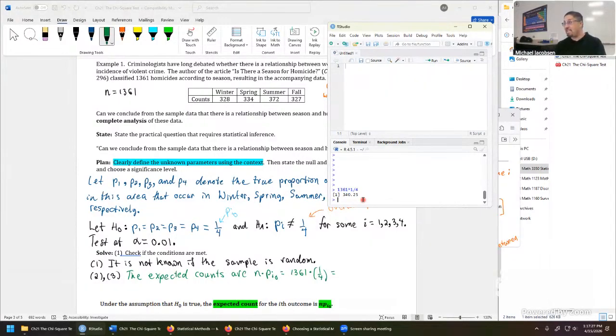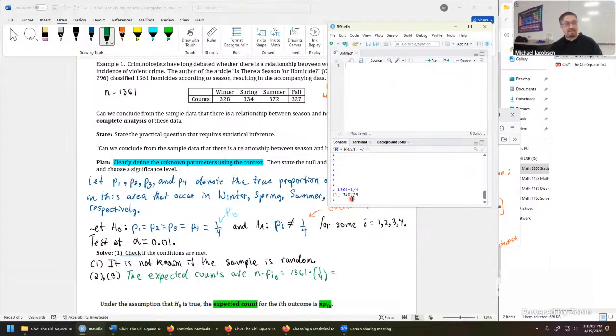The idea is if we repeat this study over and over again, taking different simple random samples at the exact same sample size, 1361 every time, then on average, if the null hypothesis is really true, this is how many successes we expect. 340.25 is important here for every one of the categories, winter through fall. Our actual counts were 328, 334, 372, 327.